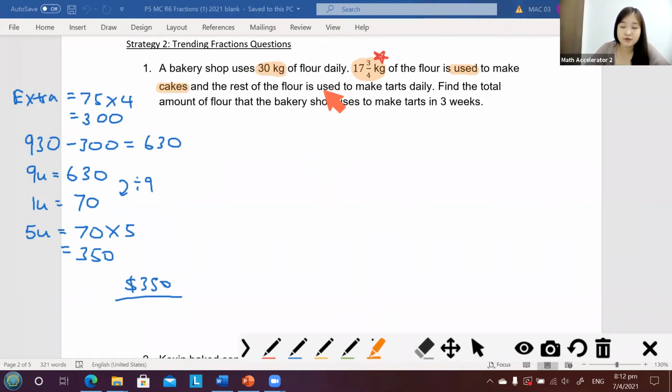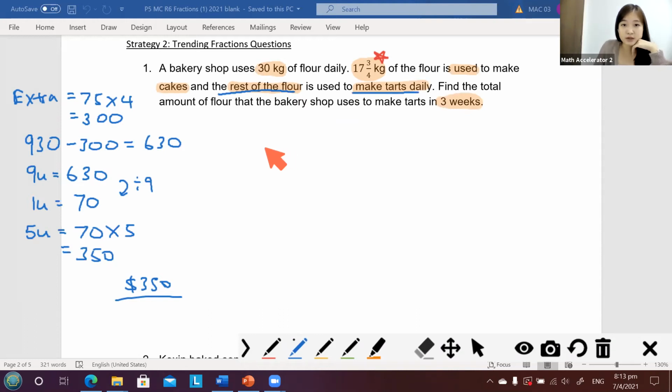Now, the rest of the flour is used to make tarts daily. Find the total amount of flour that the bakery uses to make tarts in 3 weeks. So let's first find out the rest of the flour that is used to make tarts daily.